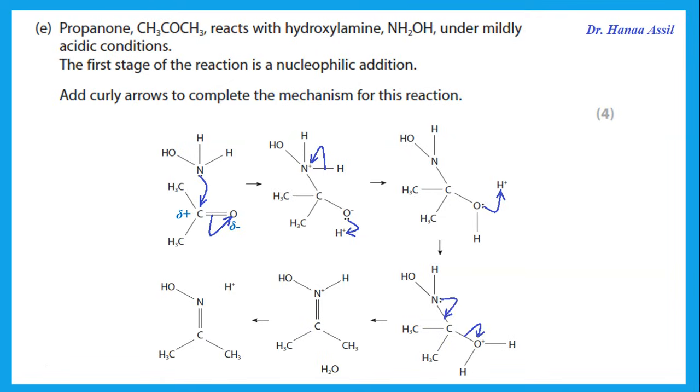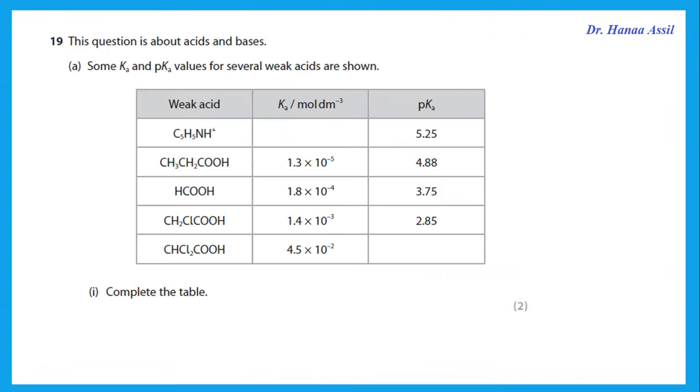Now use the lone pair of electrons on the nitrogen to release the positively charged oxygen. This gives this kind of intermediate in which we can use the electrons between the nitrogen and the hydrogen to form our product.